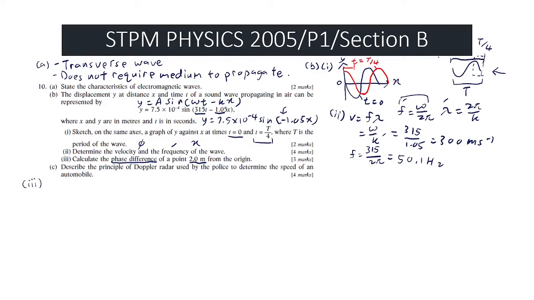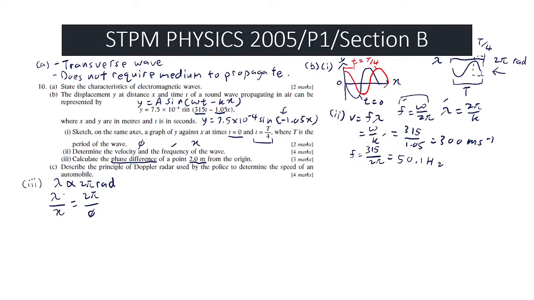That means it corresponds to 1 lambda, and in terms of radians, it is given by 2 pi, because this is one complete cycle. This is 2 pi radians. And so in this case, we can say lambda is proportional to 2 pi radians. And in terms of ratio, lambda per x is equal to 2 pi per the phase difference.